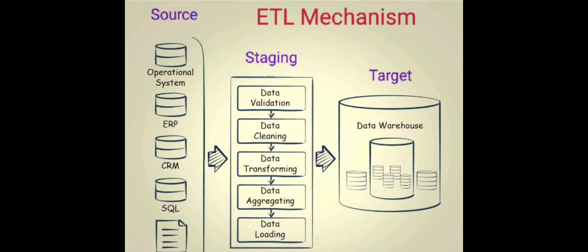Then data loading. Once we are done with these 4 steps, that is data validation, data cleansing, data transforming and data aggregation, we load the data into the target warehouse, which is in a dimensional data model, that is dimensions and facts. Usually when we store data in a backend, we store it in a relational data model.